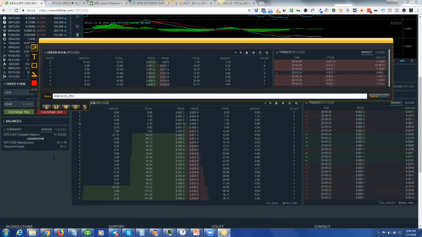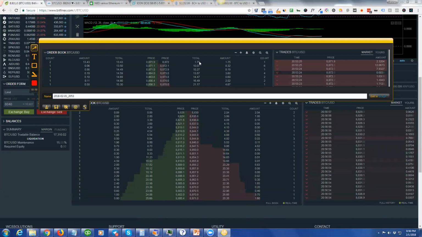So does that make sense as far as how this works? When you do a limit order, you'll get filled, because the market won't continue up. Let's say I had a limit order at 8872 and I said I want to sell 10 Bitcoin.